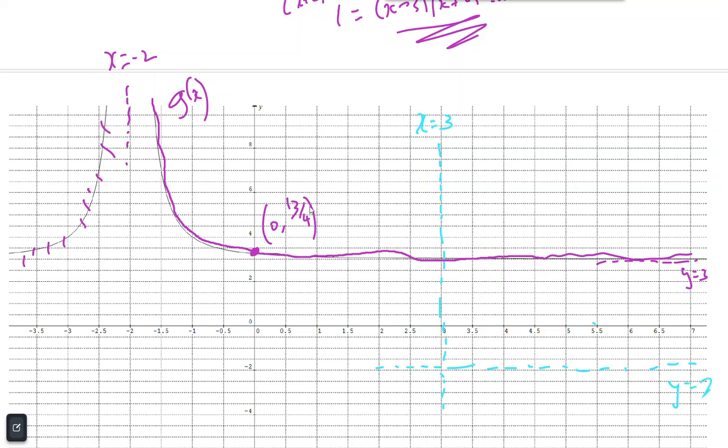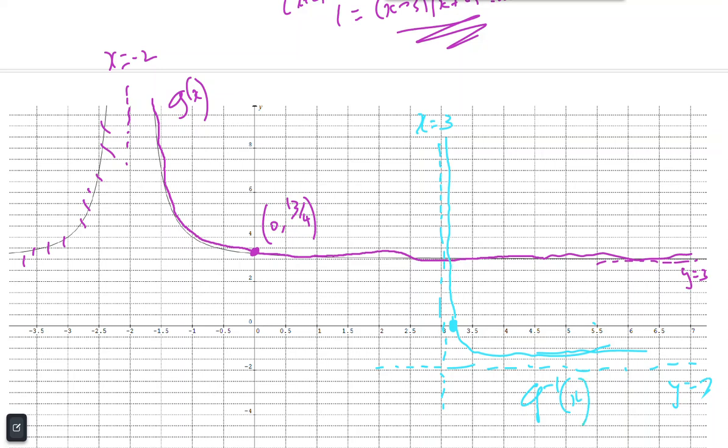And I know that this coordinate will go to 13 on 4 and 0. And my curve is going to look like this, not curling up. That's the inverse of g.